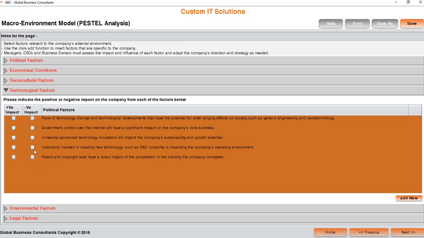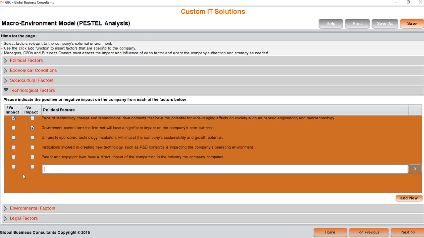Technological factors: I'm going to say that technological developments positively impact us because companies are moving towards more technological solutions as technology changes rapidly. The government control of the internet could negatively impact us.